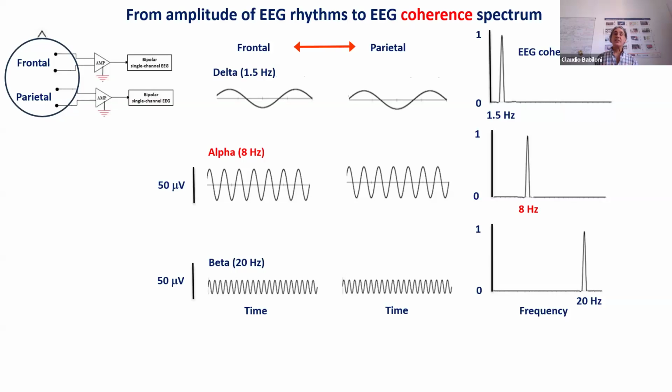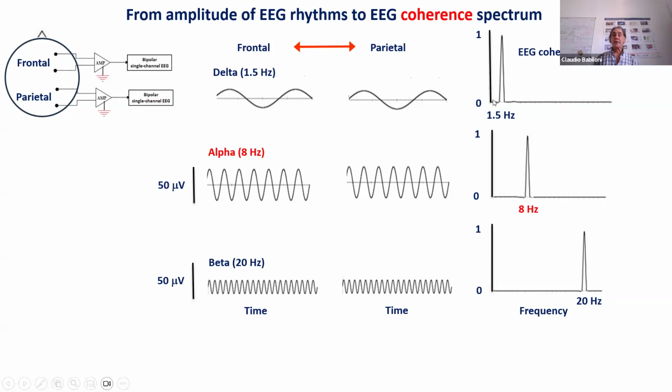Two EEG activities that show some relationship between the phases of the oscillations. And this can be tested with the coherence analysis, which shows this kind of phase relationship between two EEG activities.